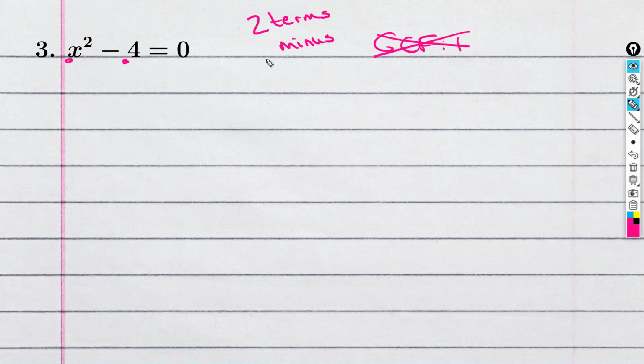Because those 2 things are present, I look to see, can I take the square root of x squared? And can I take the square root of 4? And the answer is yes. When you take the square root of a number x to a power, it halves the exponent, so that would give us a 1. Square root of 4, 2 times 2 is 4, so 2.